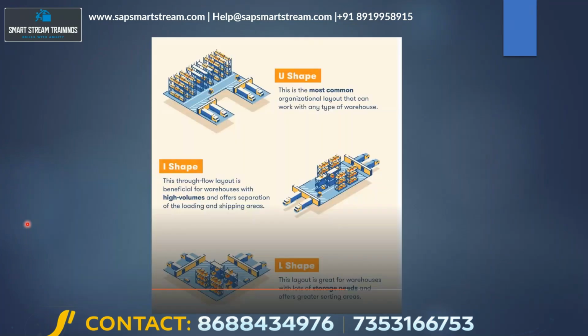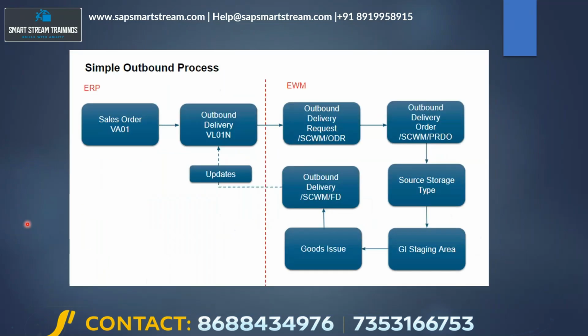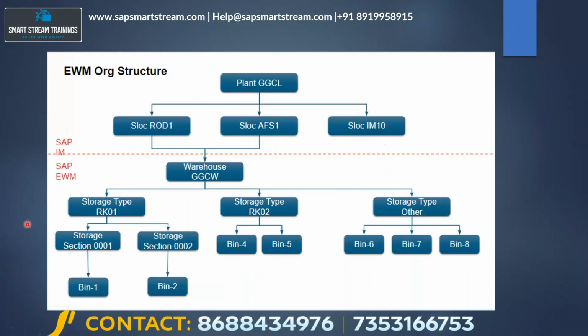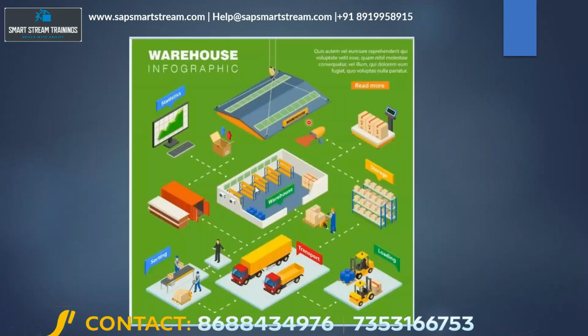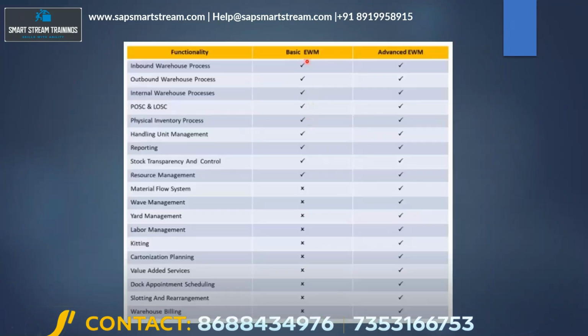Okay. And manual put away. Sometimes some businesses do not want the system to propose the bin. They do not want the system to tell them which bin to store to. Assume the user is going with the basic EWM, he does not want to go with the advanced EWM. In that case, the user says, I do not want the system to tell me where I should keep my products, I know where I can keep my products.